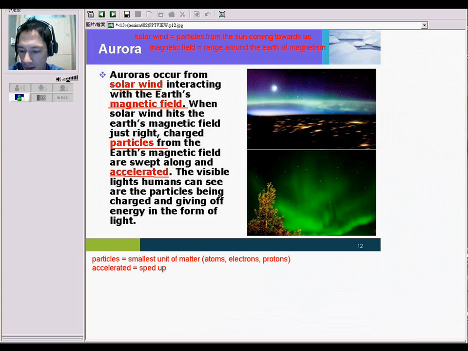Okay, sweep along. Can we use over here? Like sweep over. Let me look. When solar wind hits the Earth's magnetic field just right, charged particles from the magnetic field are swept along. Well, swept is the past tense of sweep. So we wouldn't say are swept along. It would be swept along.